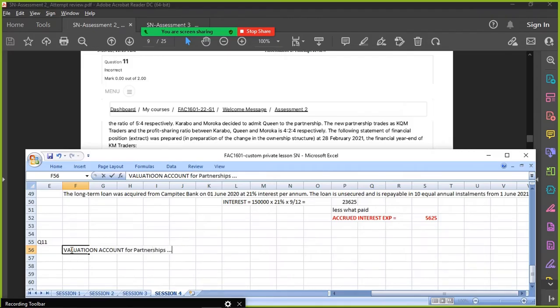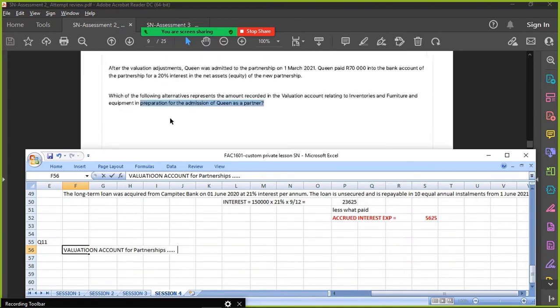We need two things: I need to look at inventory, and I need to look at furniture and equipment. Now that I know what I'm looking at, I can go back to the question.